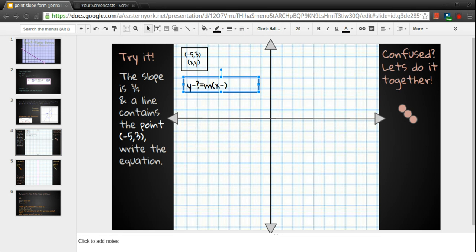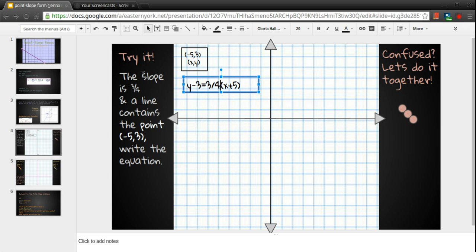So x is -5. But two negatives equal positive, right? So it's positive. And then y is -3, because 3 is a positive, so it's opposite. And the slope right here is 3/4.